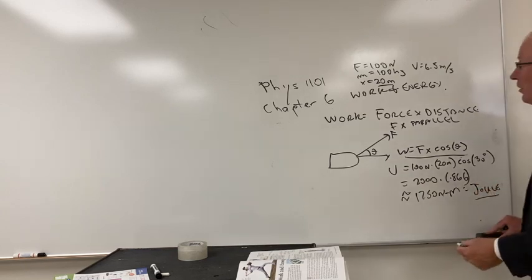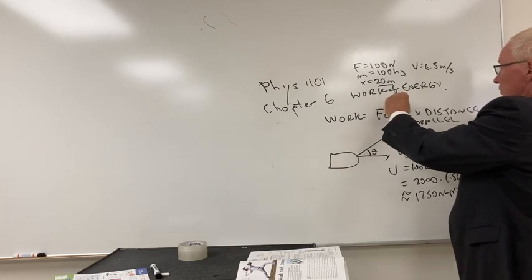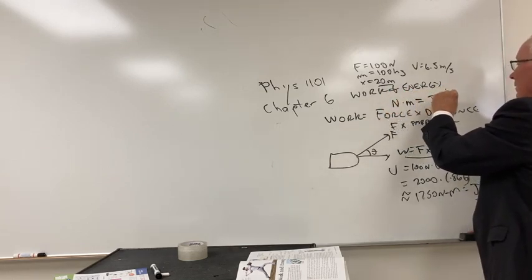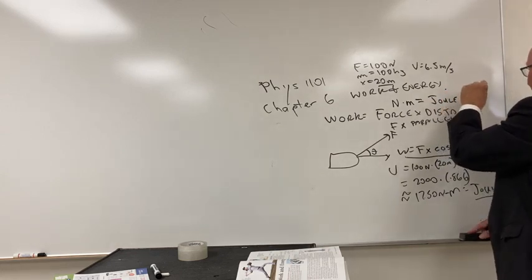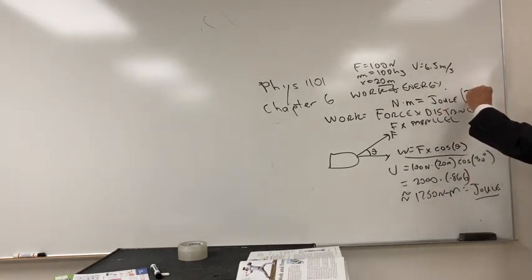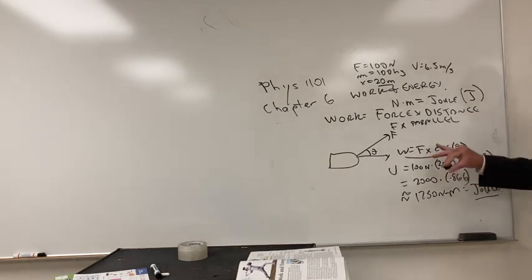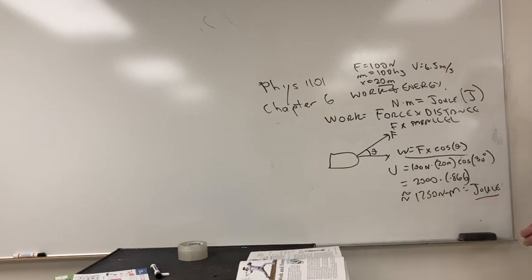The unit of newton times meter is a unit joule, or capital J, named after James Joule, who first did work. So when we do these kind of problems, work will be measured in joules. And this is a unit of energy.